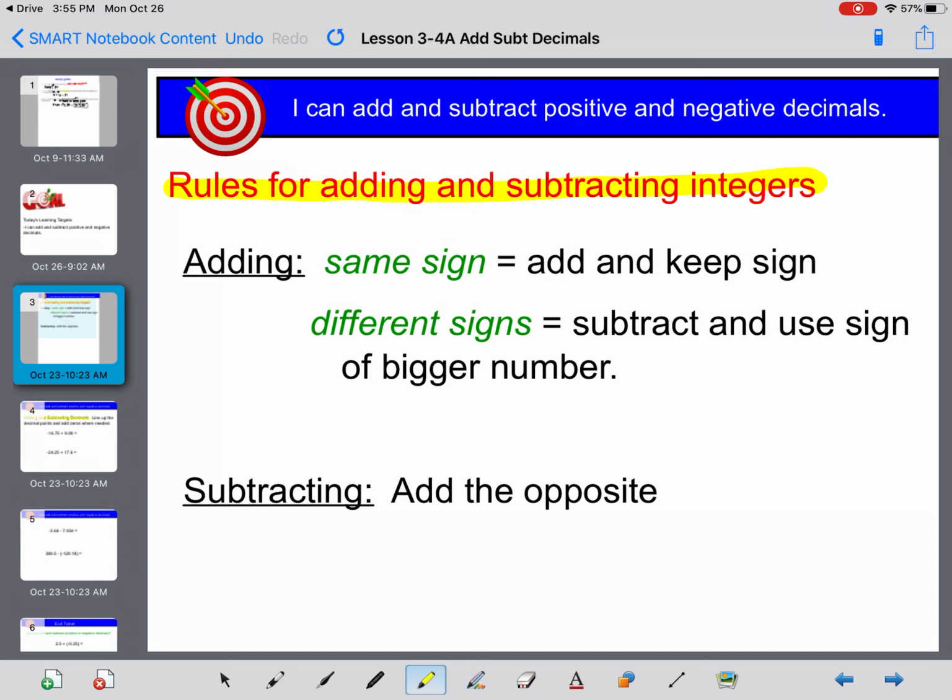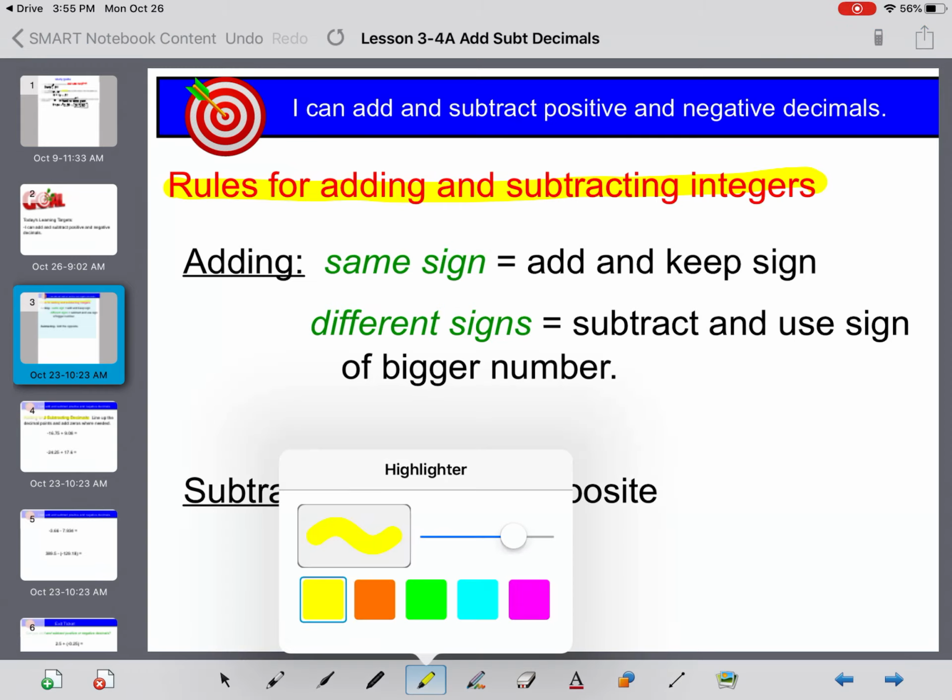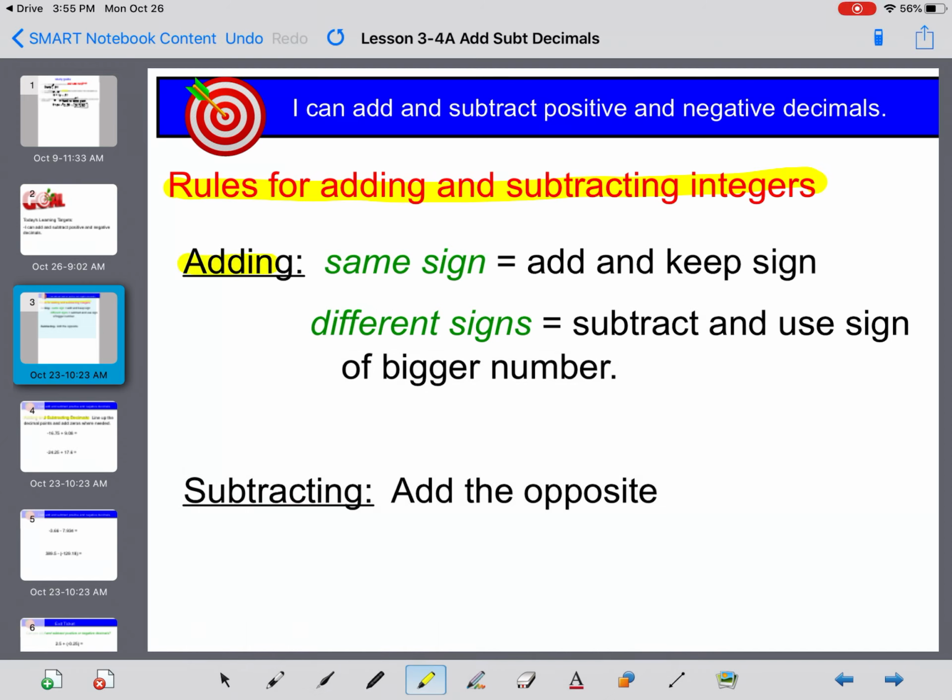So adding integers has the same rules when we add and subtract negative decimals. If the signs are the same, we are going to add and keep the signs. If the signs of the two numbers are different, we are going to subtract the two numbers and keep the bigger number.